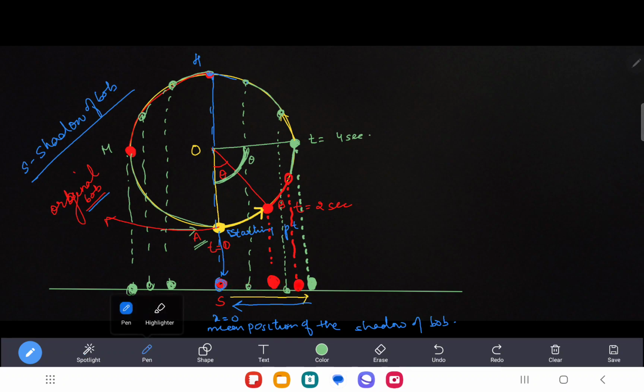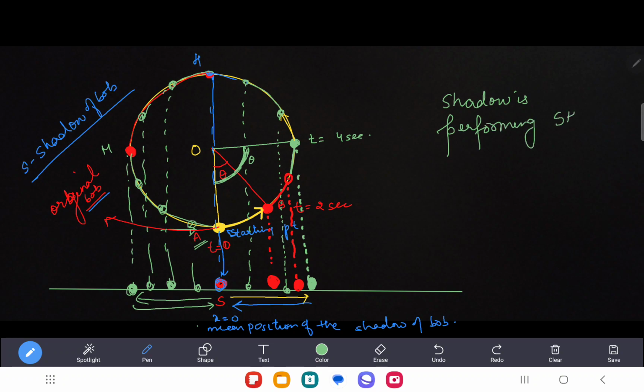Are you understanding? And when it is coming back here, the shadow is again coming back to these positions. The shadow moves here and comes back here. So the shadow is performing simple harmonic motion. Understood or not? Tell me. This is the concept.